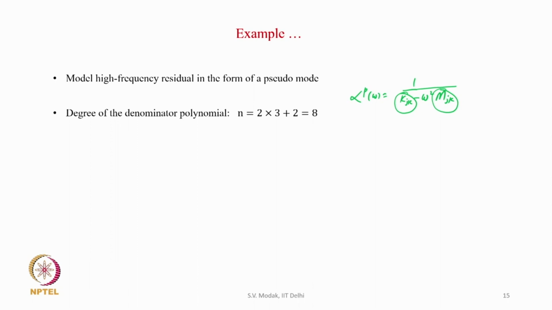So, the degree of the denominator polynomial is 8. Similarly, the degree of the numerator polynomial will be 2n minus 1, where n is the number of modes, which is 3 here. So, 2 into 3 minus 1 plus 2 to take care of the high frequency residual. Therefore, m will be 7.